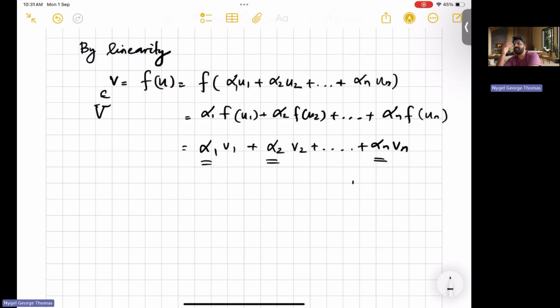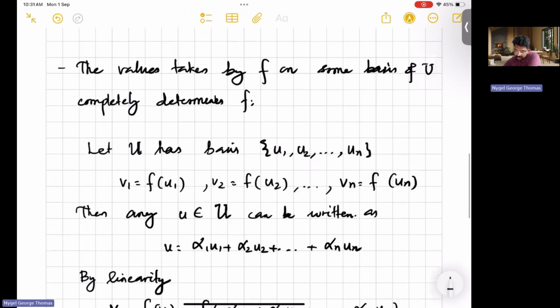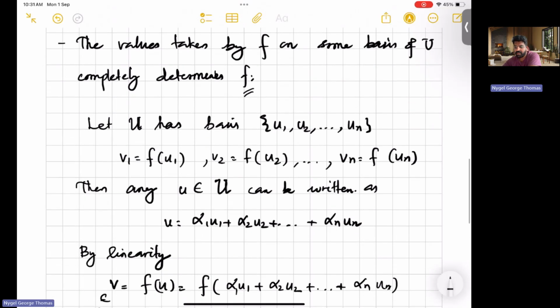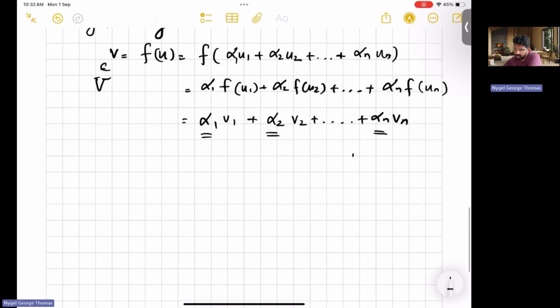You can actually do a change of basis and find a new vector in this new vector space. That's a key idea here. It's completely determined by f applied over the basis un. Hope that makes it clear.